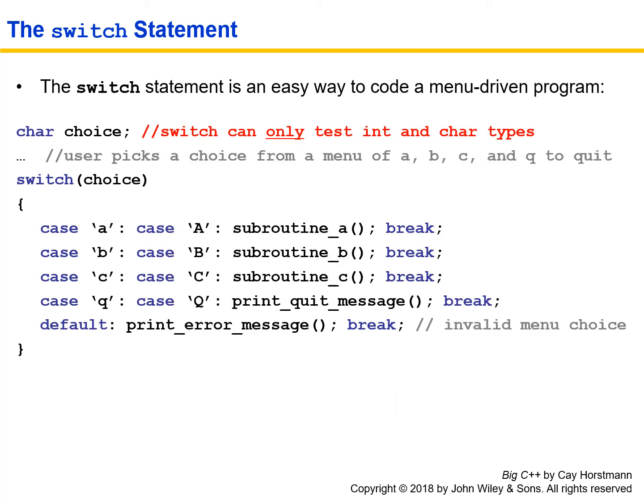Switch statements are really easy ways to code a menu-driven program. Let's say the user picks a choice from a menu of A, B, C, and Q for quit.